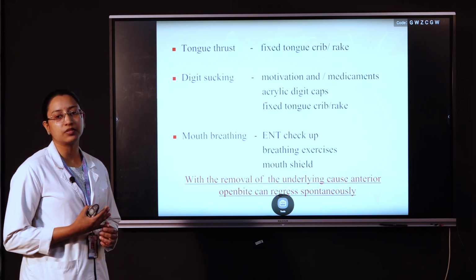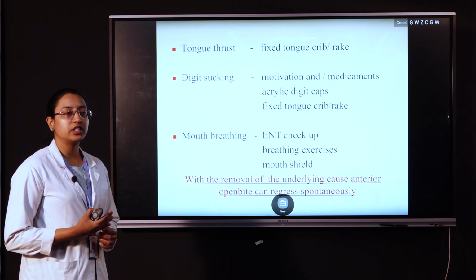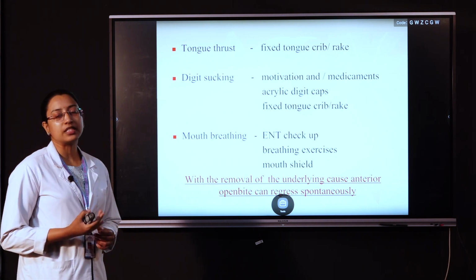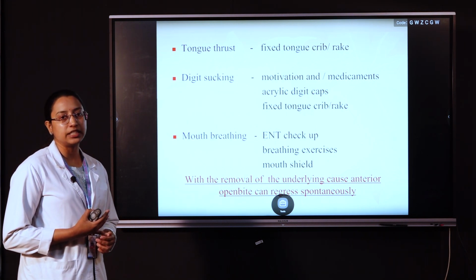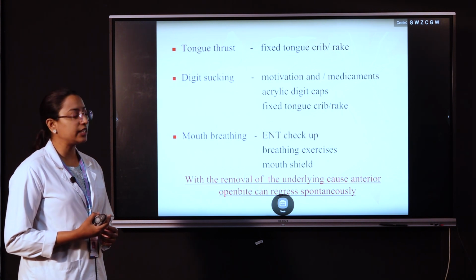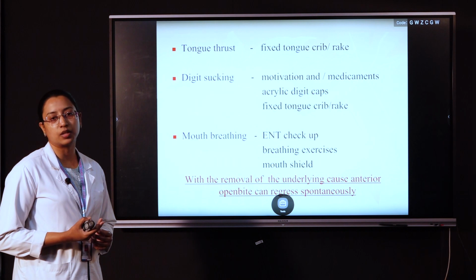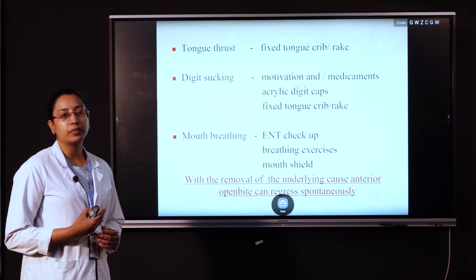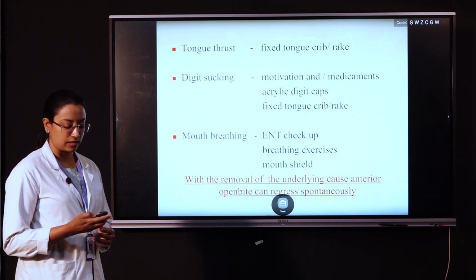So anything associated with nasal obstruction has to be first cleared with the help of ENT consultation. Once this is done, we can suggest certain breathing exercises and a mouth shield to overcome the mouth breathing habit. Once the cause is removed, especially in growing children, the open bite tends to regress spontaneously.